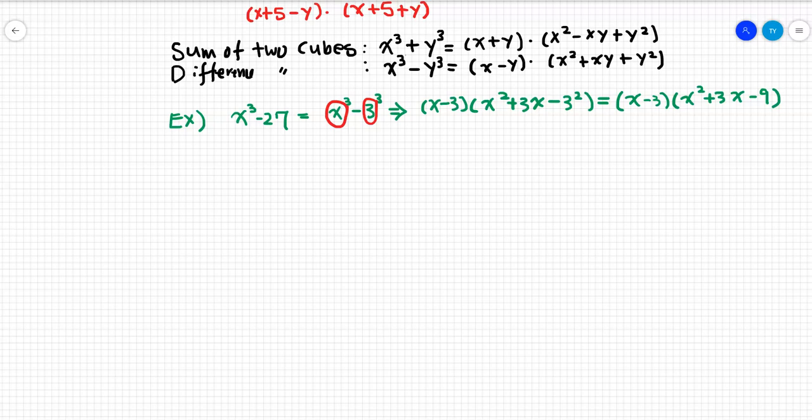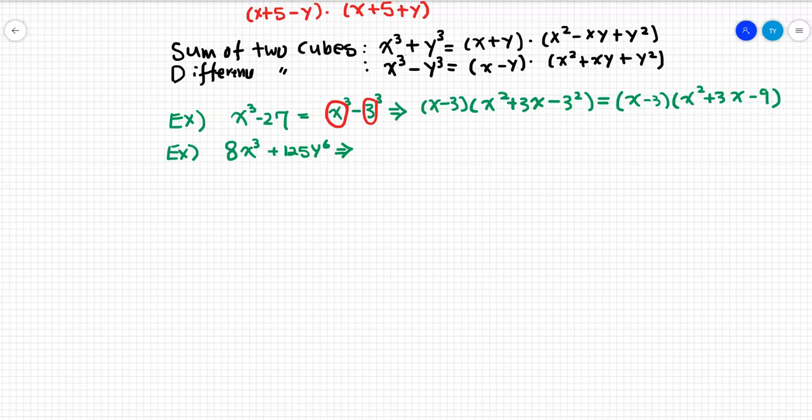Now let's look at the next case here. I have 8x cubed plus 125y to the 6. So we need to see if this can fit into the sum of two cubes.